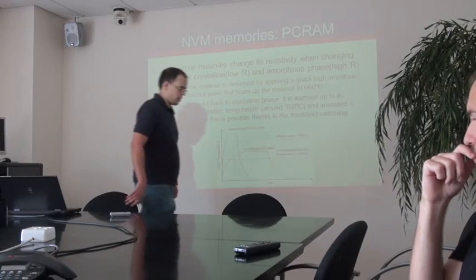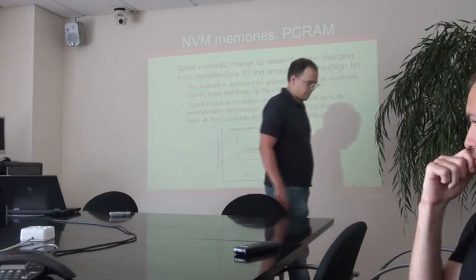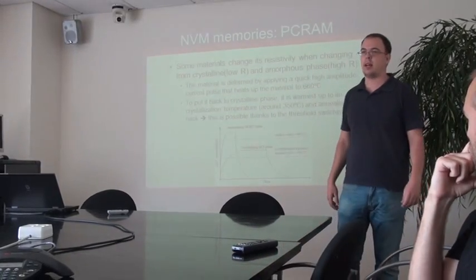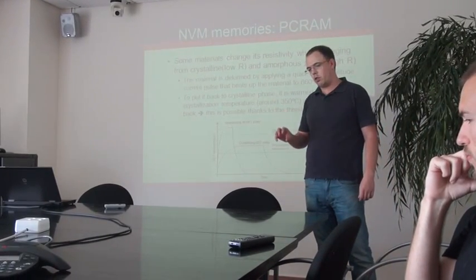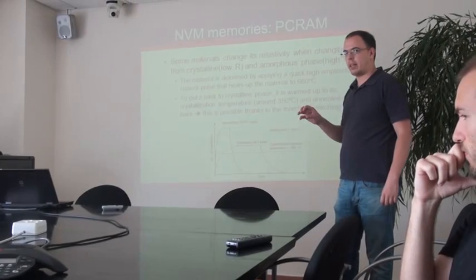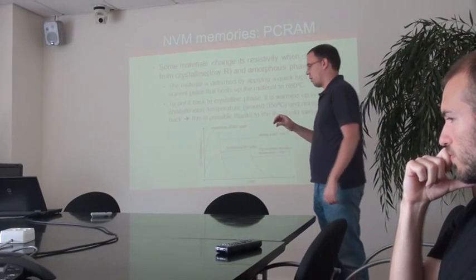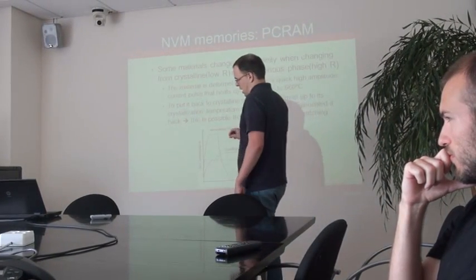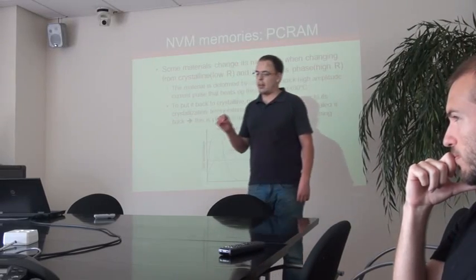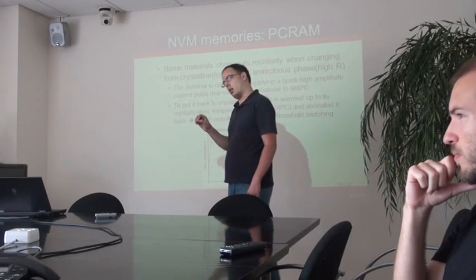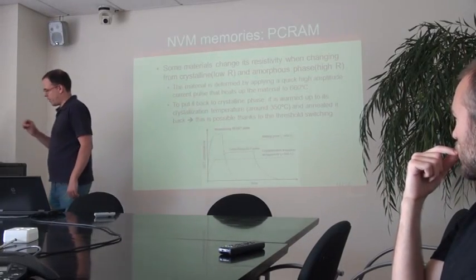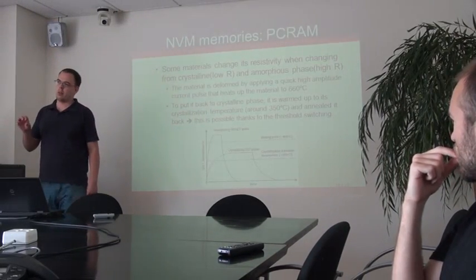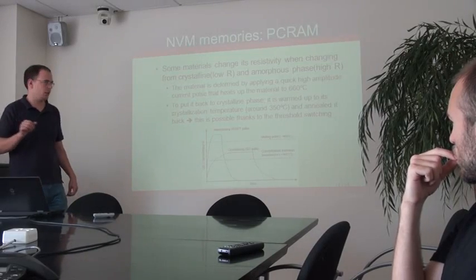Finally, phase-change memory. It's based on the property of some materials that they have 2 phases. This material can be crystalline or can be amorphous. If this material is crystalline, it presents low resistivity. If the material is amorphous, it presents high resistivity.